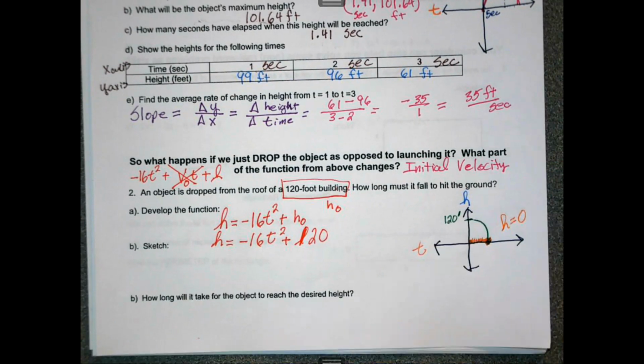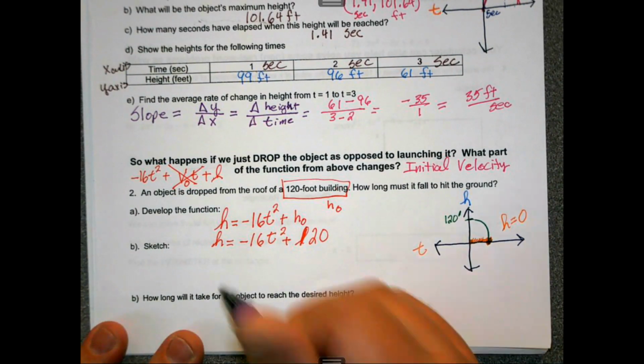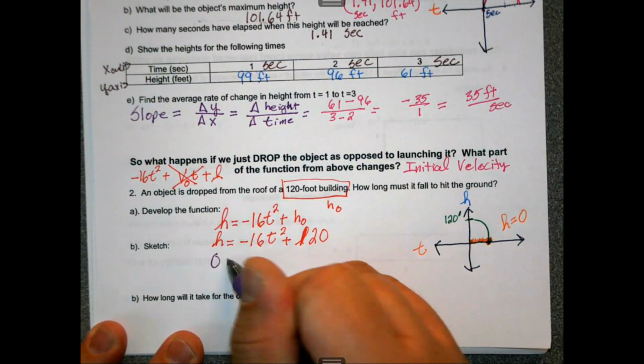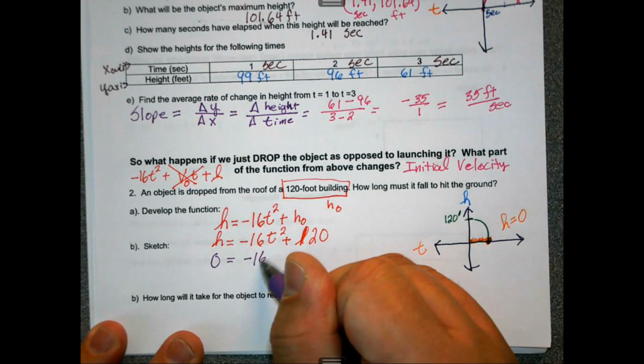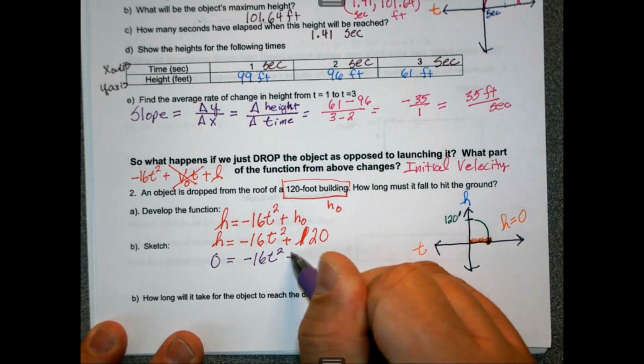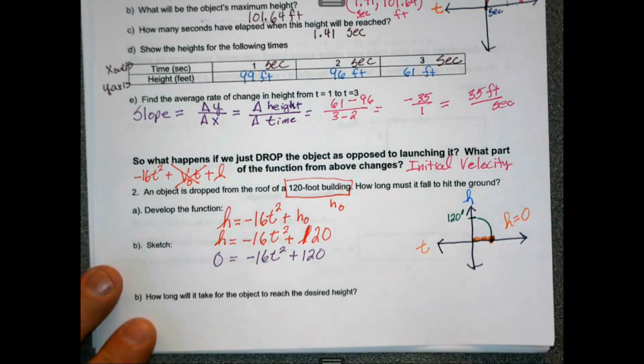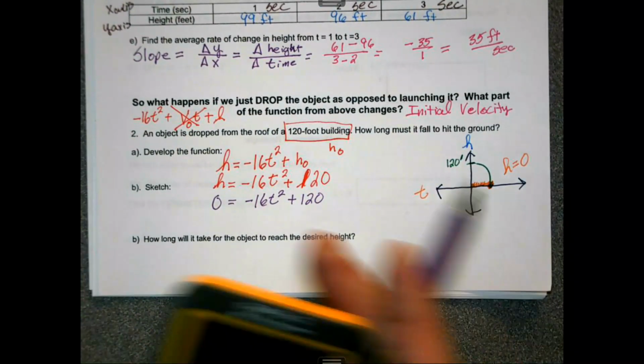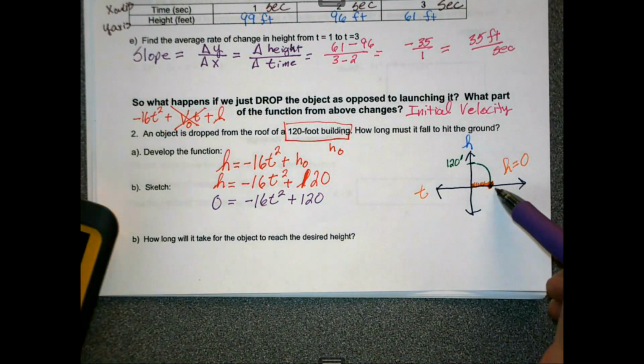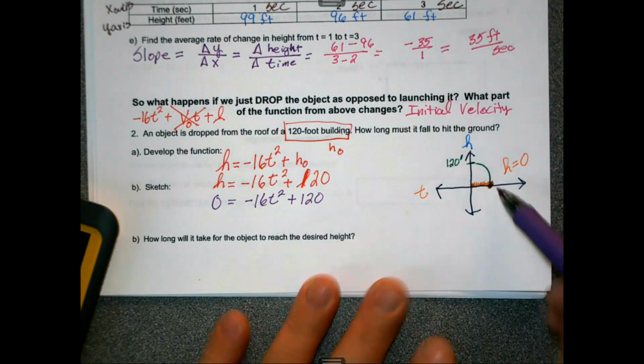Yeah. So we're looking for when h equals 0. So that's where that whole s of t function notation comes from. All right. So we have to find out what t is, this amount of time.